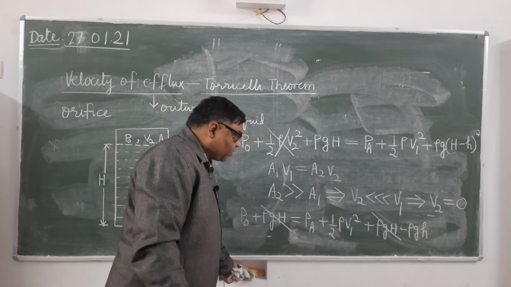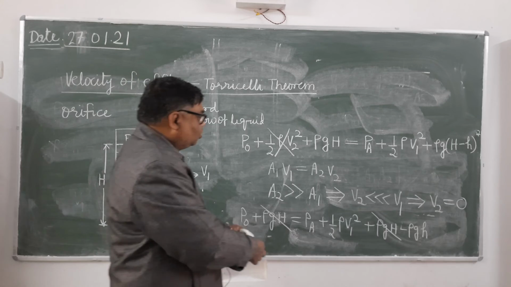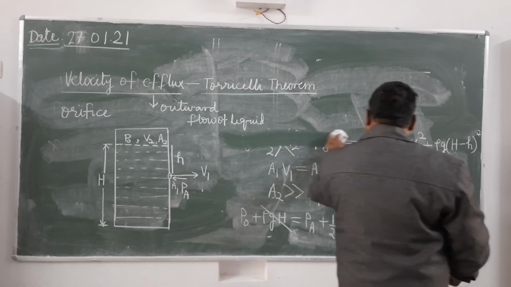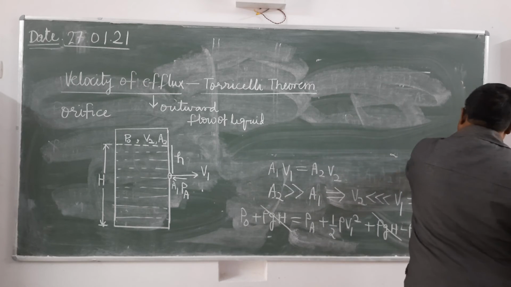Now simplify further, you have to determine the value of V1. So except the term of V1, bring all other terms to one side.